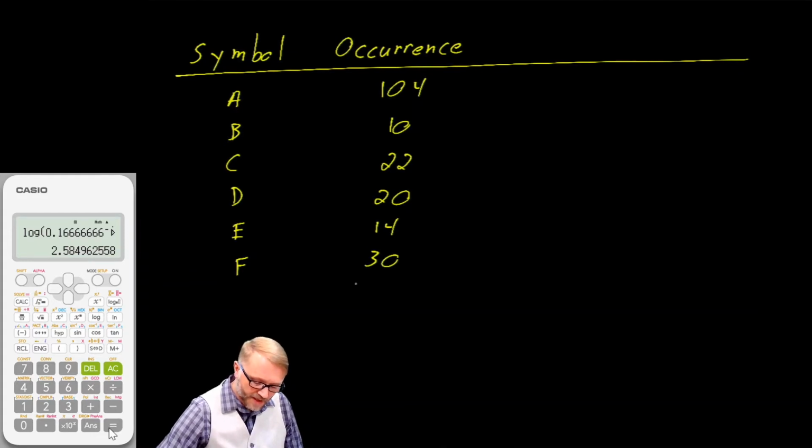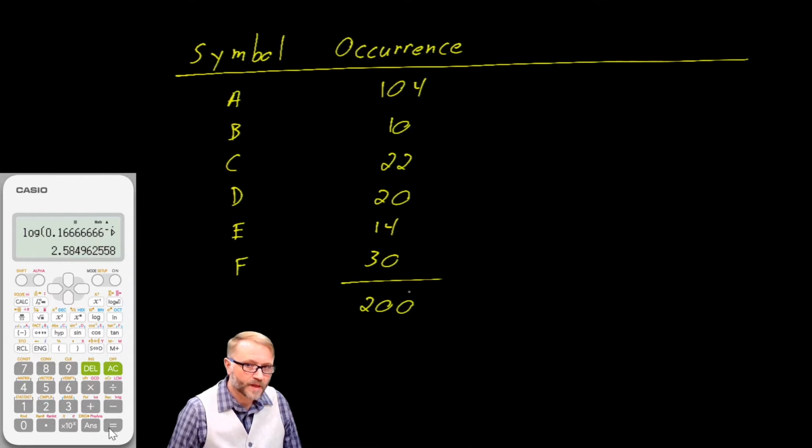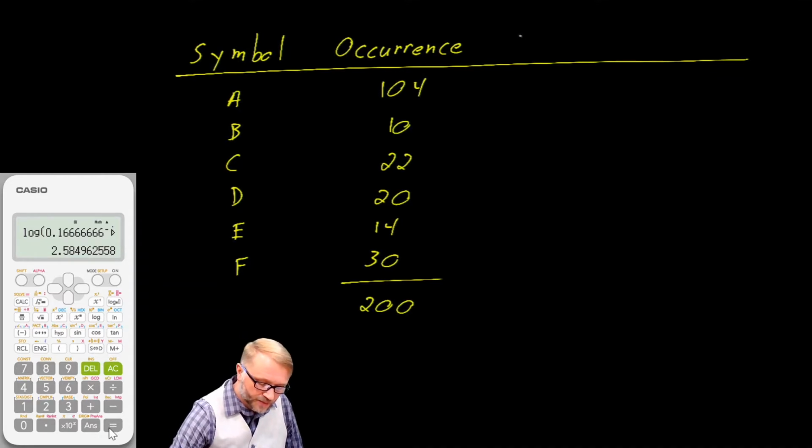So how many occurrences or how many symbols did we have? If we add those up, that should equal 200. From there, we can determine the probability of the ith symbol.